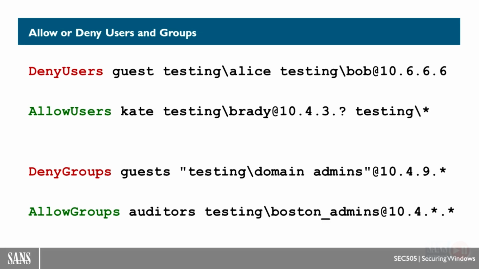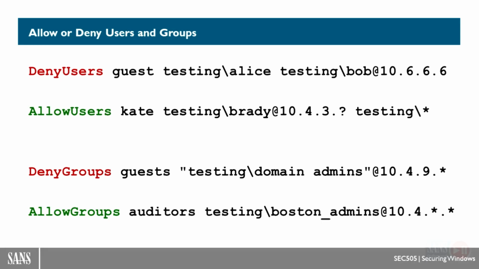So for example, take a look at the second line. For allow users, we're allowing username Kate, that's a local user. We're allowing username Brady from the testing domain, but only when Brady's source IP address begins with 10.4.3. Now a single question mark represents a single character.